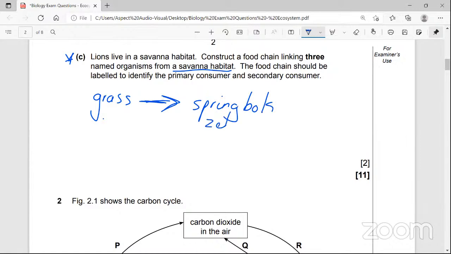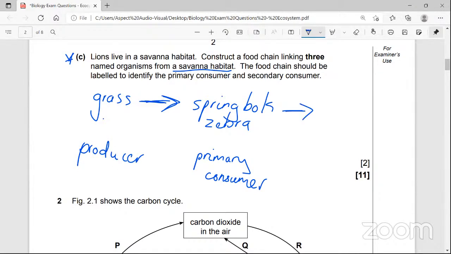Springbok, zebra, right? And then you need to also label the primary consumer. Are we together? So this is the producer. And then what do I have as my secondary? The lion. Thank you. Lion, which is the secondary.